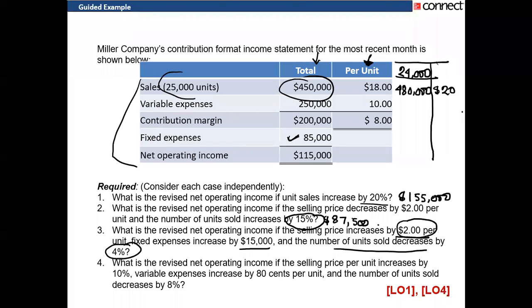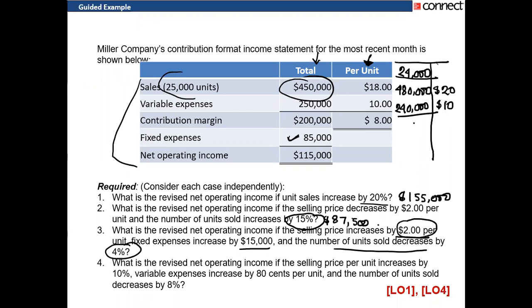Now, do we have any information for variable expenses changes? We do not have. So we assume that it is as before the variable expenses. So for 24,000 units, the variable expenses in total will be 24,000 multiplied by 10. So it should be 240,000.